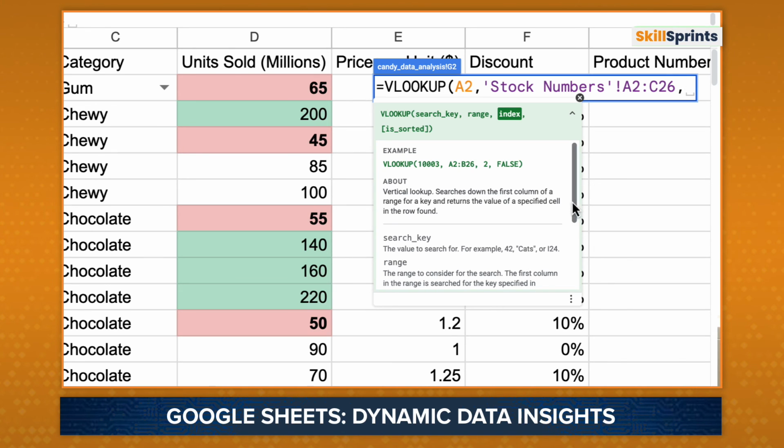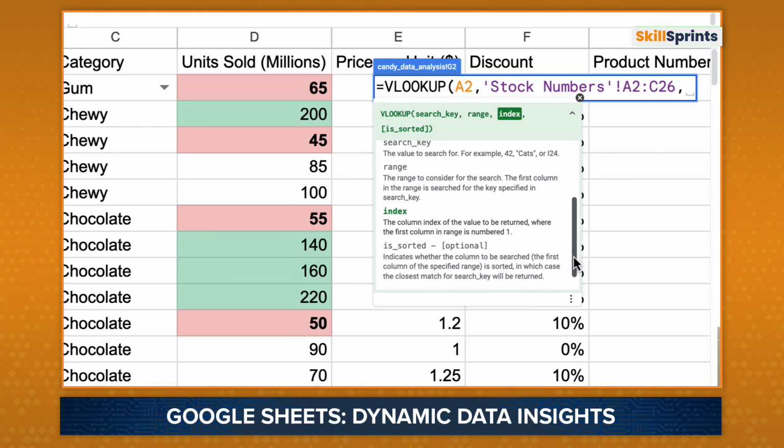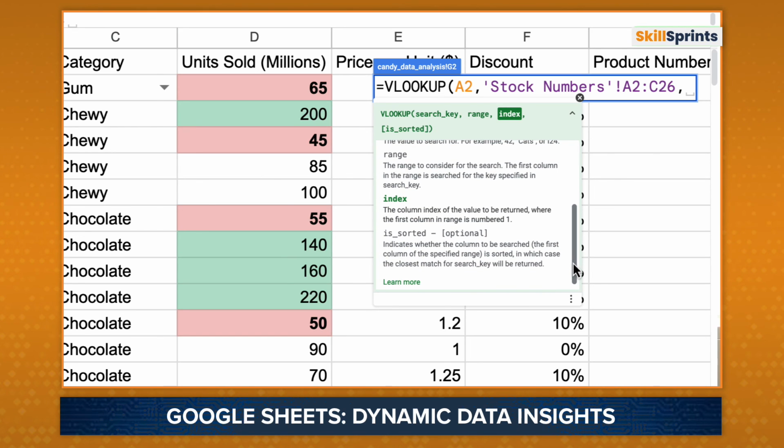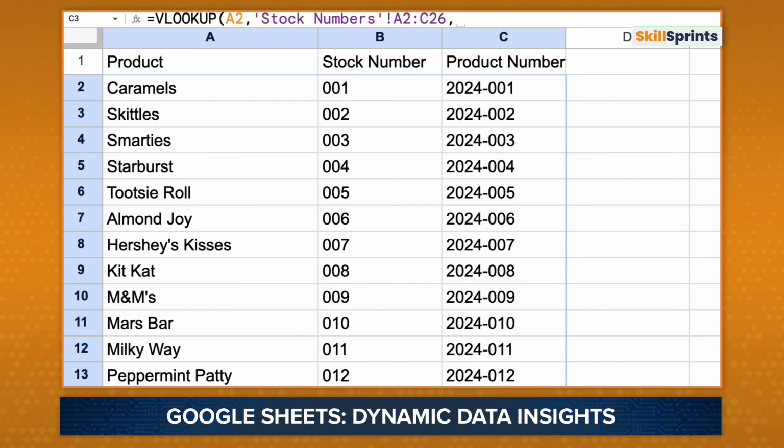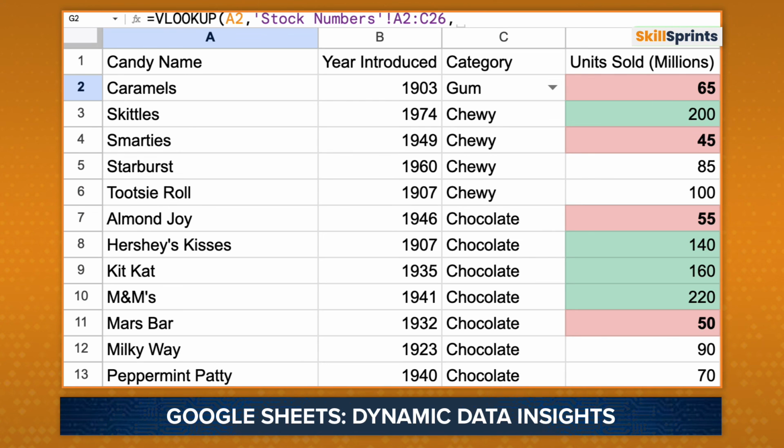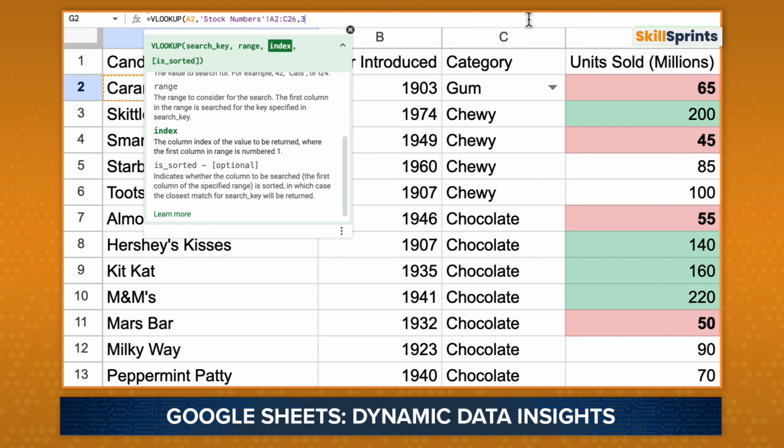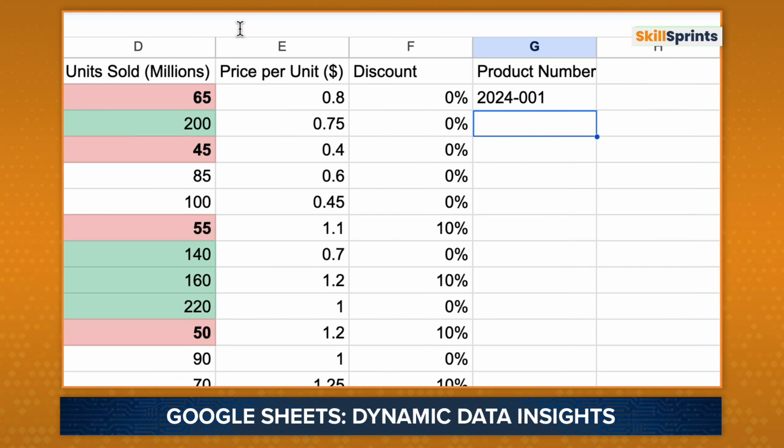And we can see the definition right here. This is the index of the column to be returned, where the first column is 1. So if we look here, there's 1, 2, 3 columns. We want the product number, which is in column 3. So let's complete our VLOOKUP with column 3, and we get the correct product number.